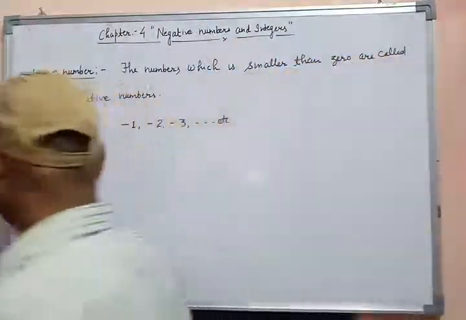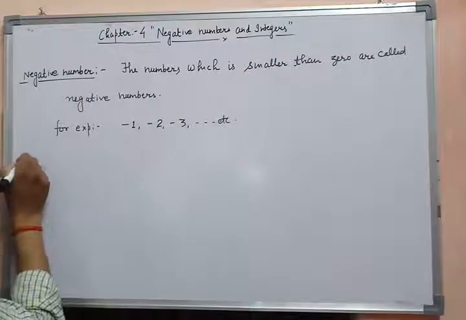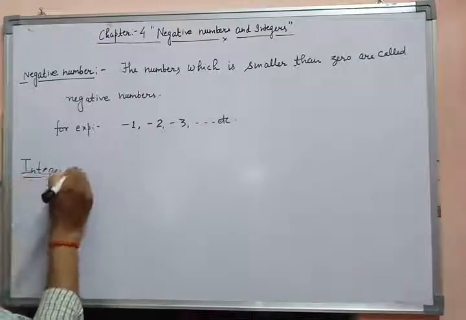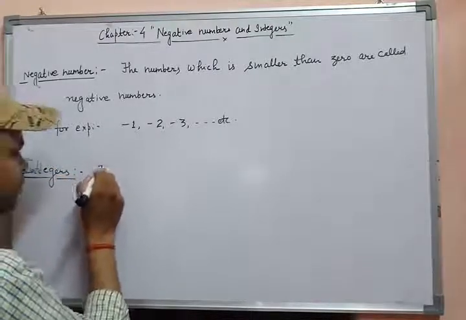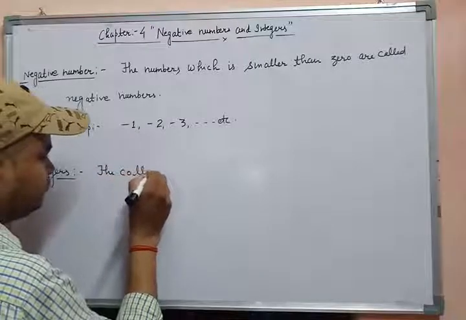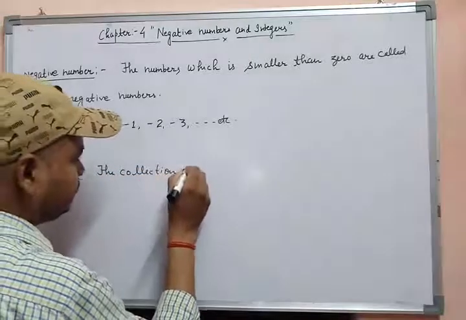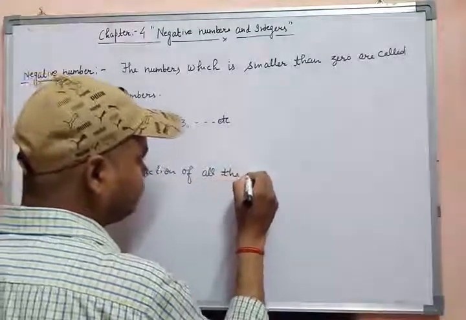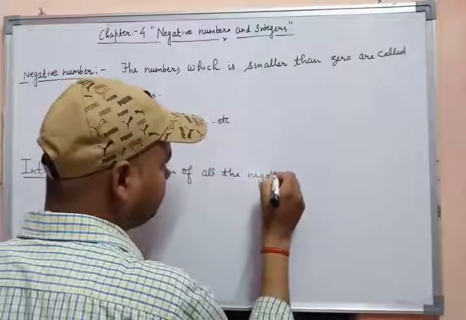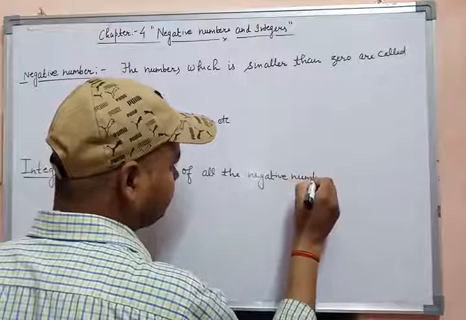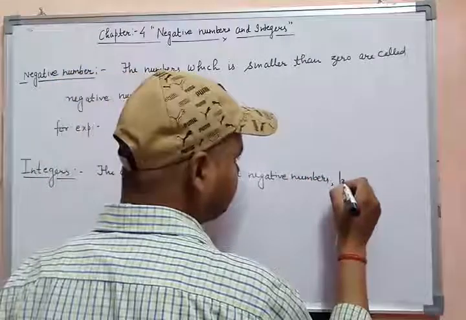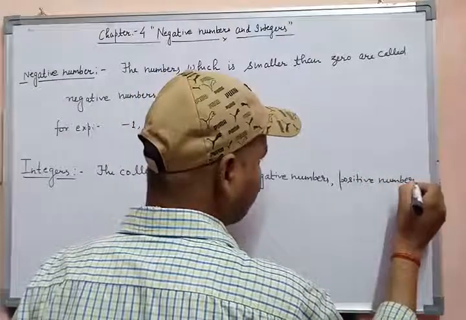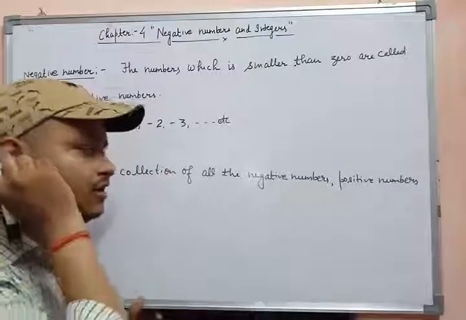Okay, so what is the concept of integers? Integers: the collection of all the negative numbers and positive numbers. Positive means when a number is greater than 0, it is called a positive number.